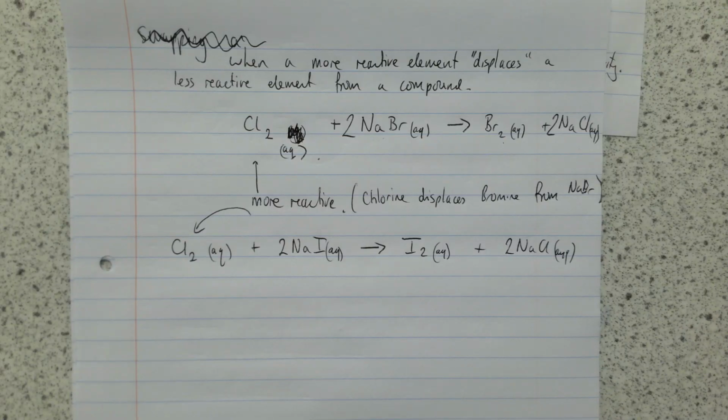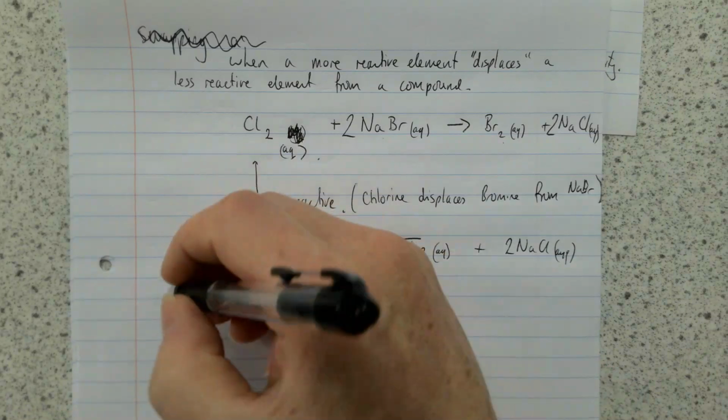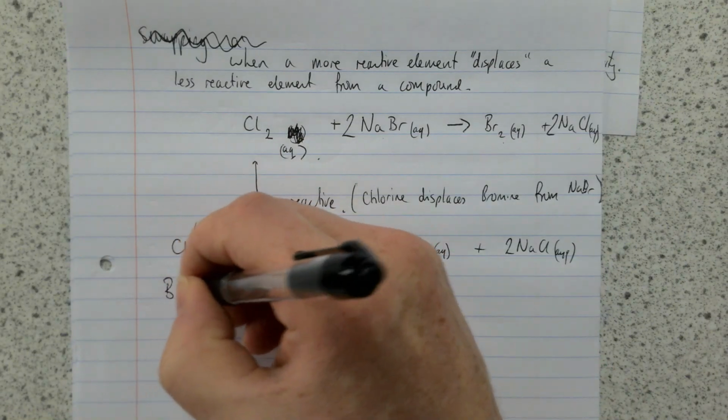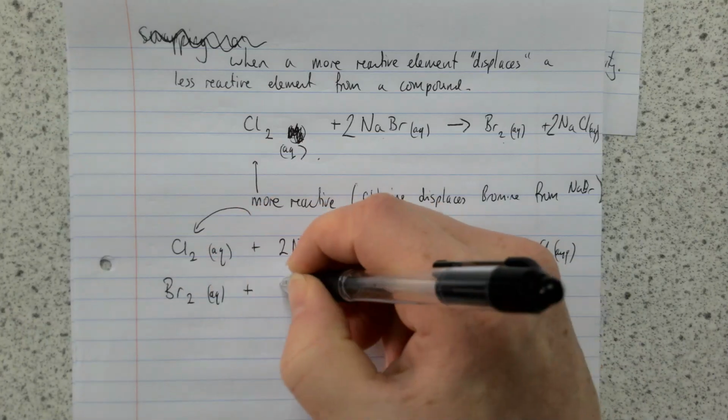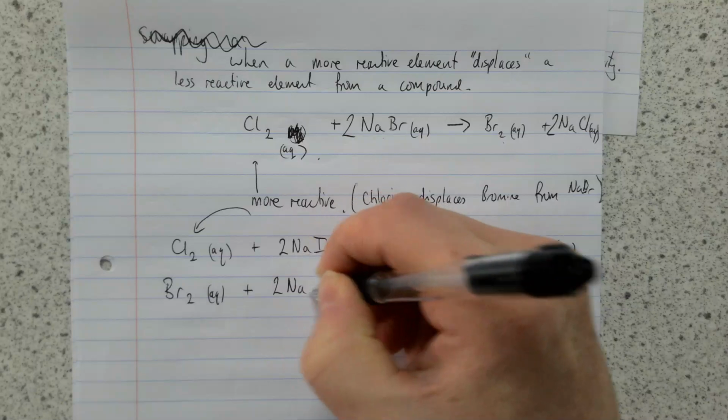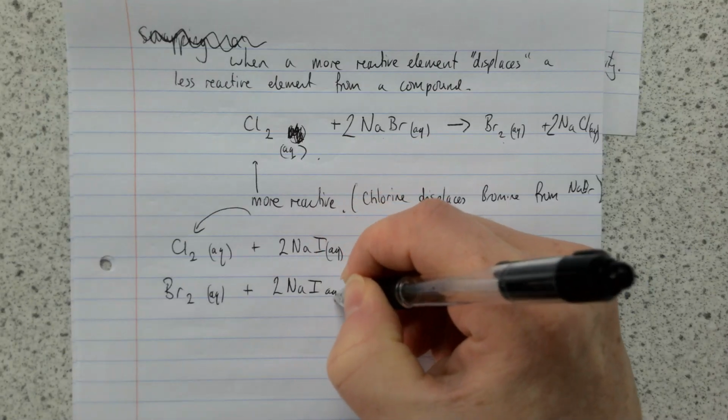So you might be able to predict out of bromine and iodine which one of those is the more reactive just by looking at the periodic table. So have a look at that now, I think. So you spotted that bromine will do the same thing, the same reaction. Aqueous bromine that we call bromine water will displace iodine from sodium iodide.